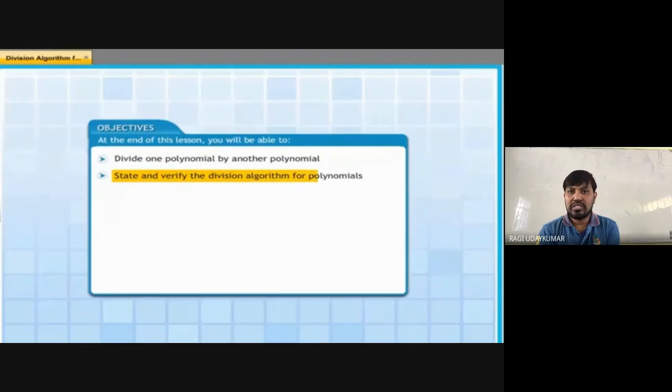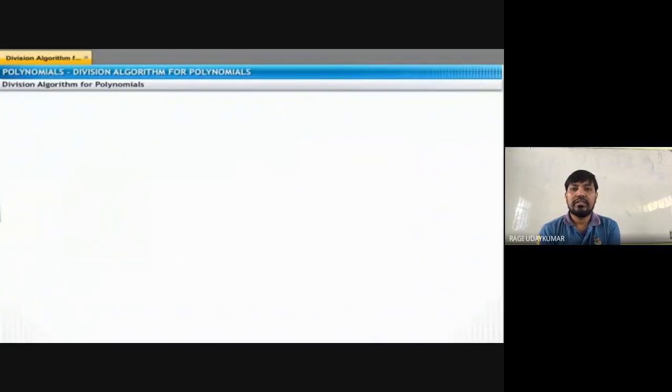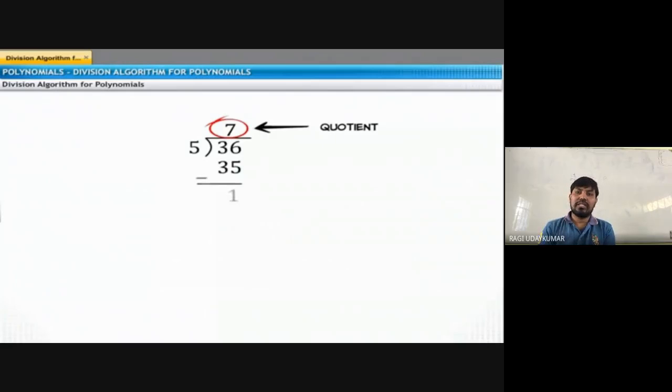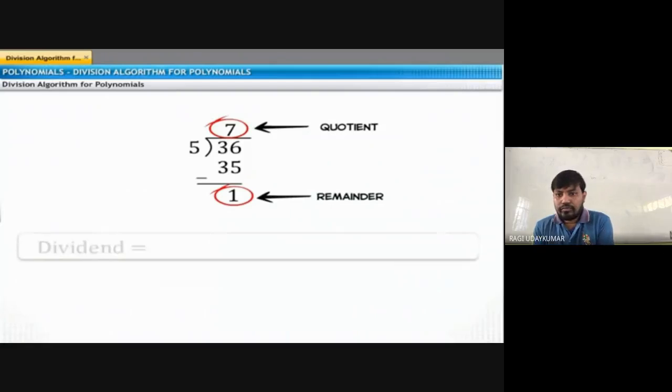So you may get questions on division, but the division algorithm is deleted. This is called the division rule. Normally, numbers whenever you are taking into consideration, 5 sevens are 35 and 1 is 1.